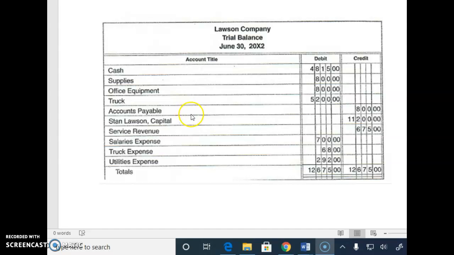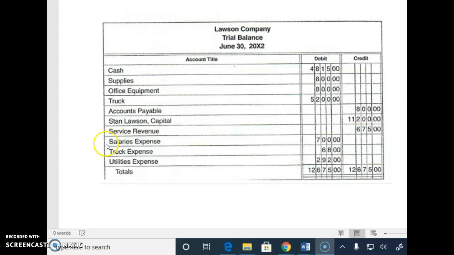And then you have the capital account. There's only one here, but if you had a drawing account, it would be listed after the capital account. So you have capital, and then you would have drawing, and then the next thing you have is your revenue account, because that comes next.